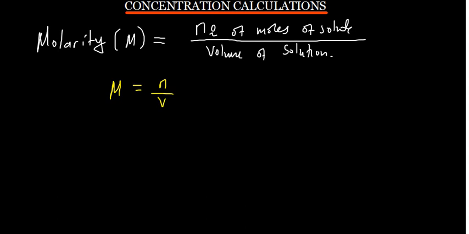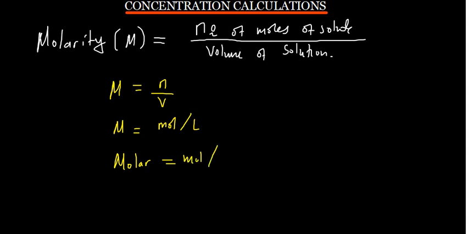And so the unit for molarity is given as mole. We know that number of moles is given in moles, right? So it's going to be mole per liter. Now, mole per liter is the same as molar. This capital M we are seeing is also called molar. So a molar is the same as mole per liter.